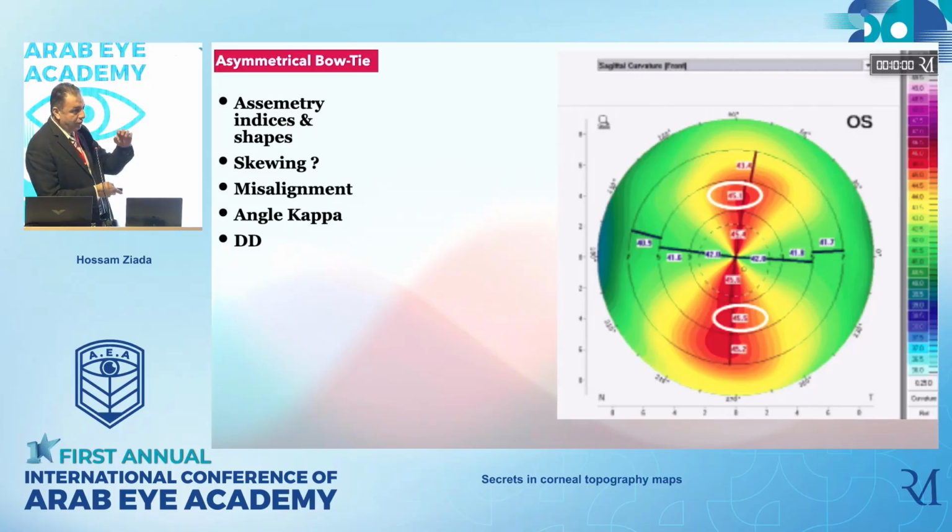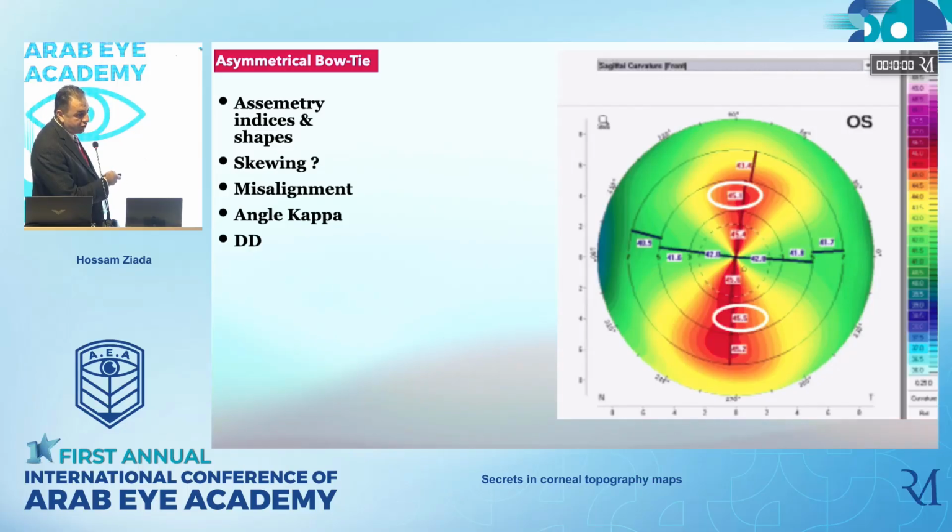But actually, I'm not forgiving the difference nowadays. There's nothing to say that if the difference is 1.5 diopter, but I have other suspicious points in the other maps, I can suspect. No, the central 3 millimeter should be equal, and the difference shouldn't exceed 0.5 diopter.